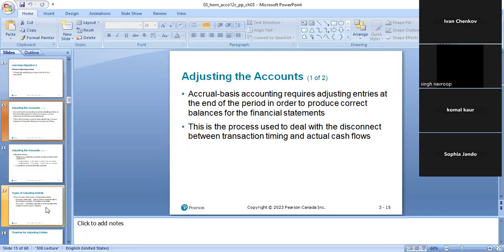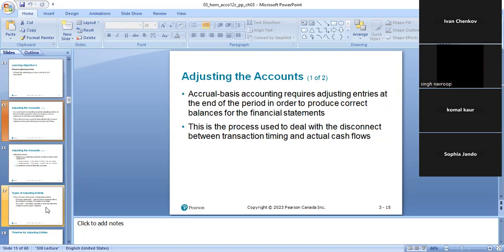So for that reason, we're going to have these adjusting entries. Adjusting entries will be the difference between cash basis accounting and accrual basis accounting. In accrual basis accounting, we try to match the revenue and expenses in the right period, not when the cash is received.